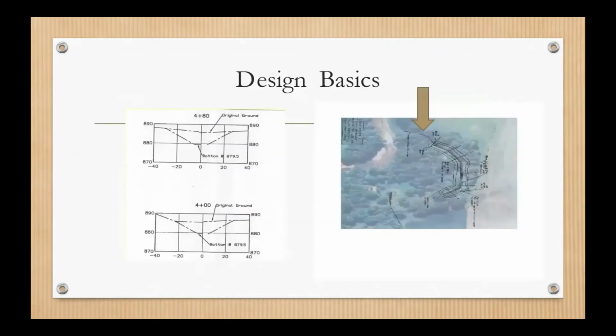Some of the design basics about oxbows that are kind of important to know are, first of all, if you look at the picture on the right, there's an arrow pointing down, and the line leading from that is where an excavation will be to connect the base of the oxbow with the stream. In this case, the stream is actually flowing to the north.